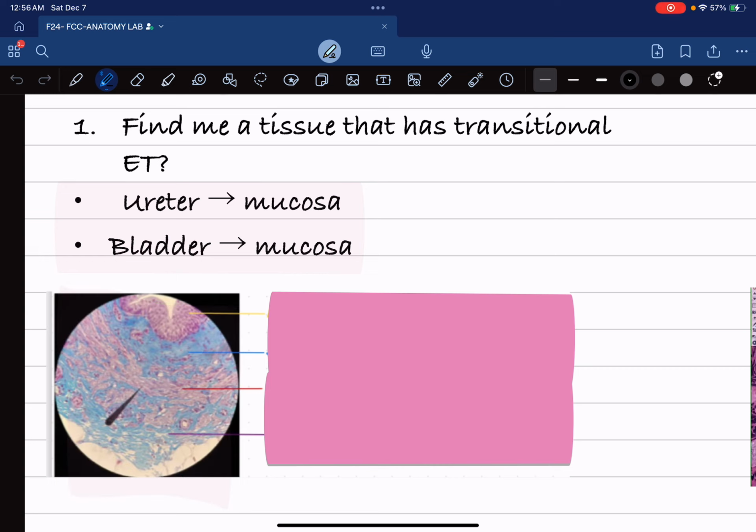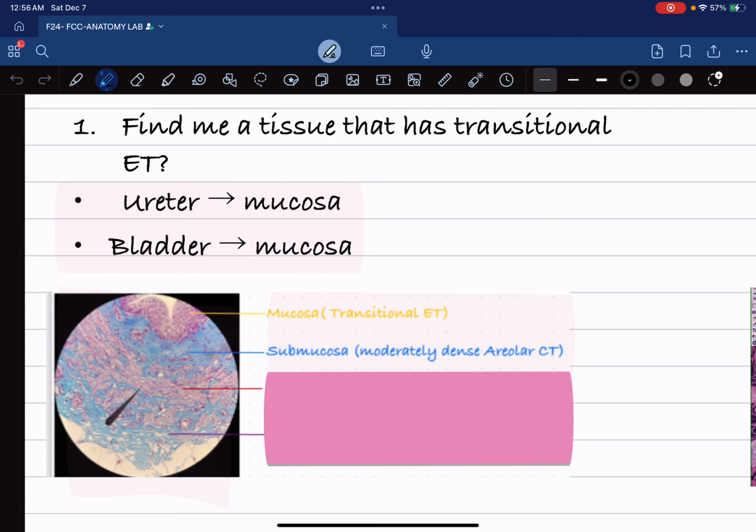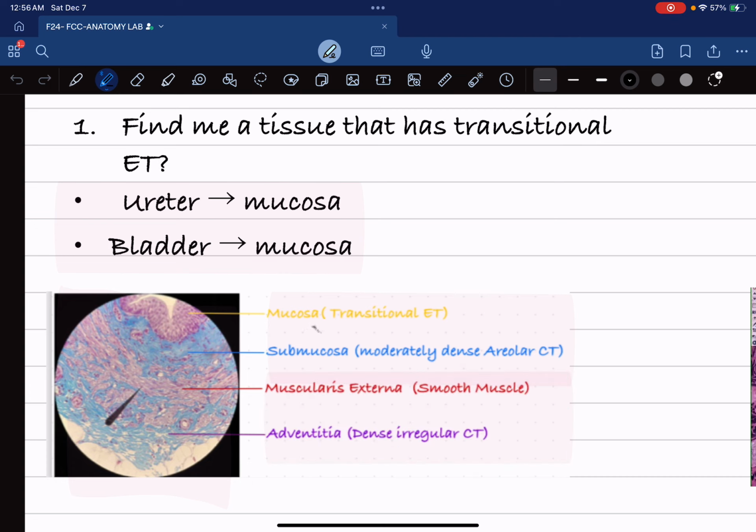I have a picture of the ureter, and if you could guess, or just know, the layer, if it's yellow, blue, red, or purple, and if you had chosen mucosa in yellow, you would be right. That is transitional epithelial tissue.